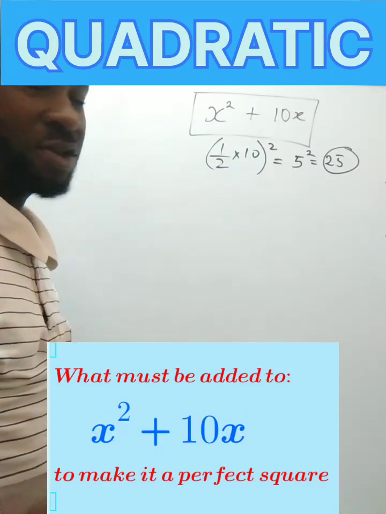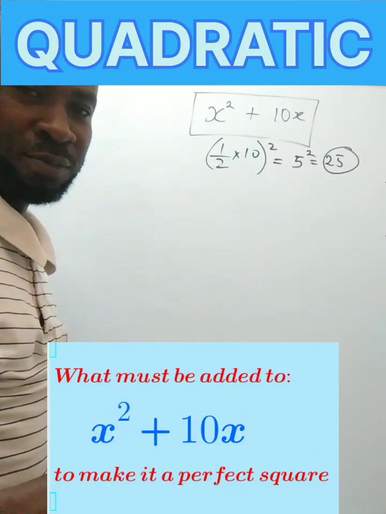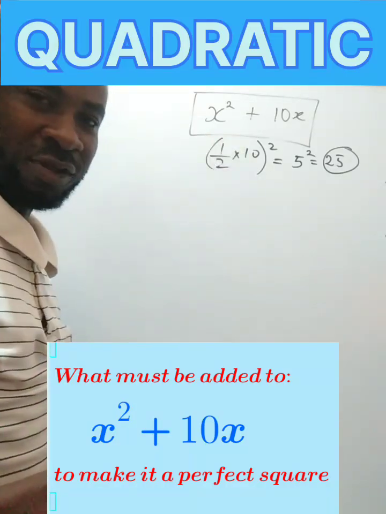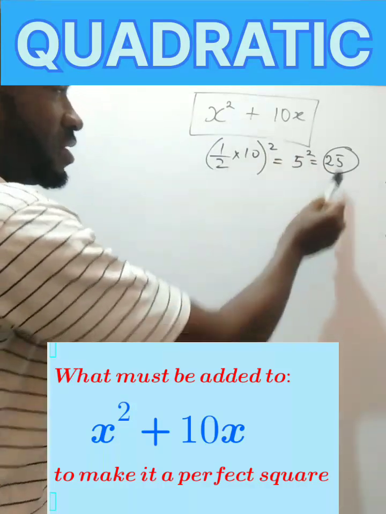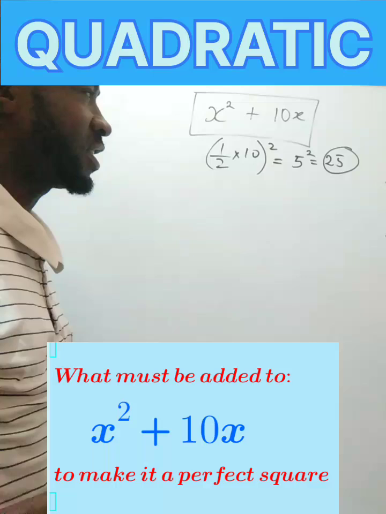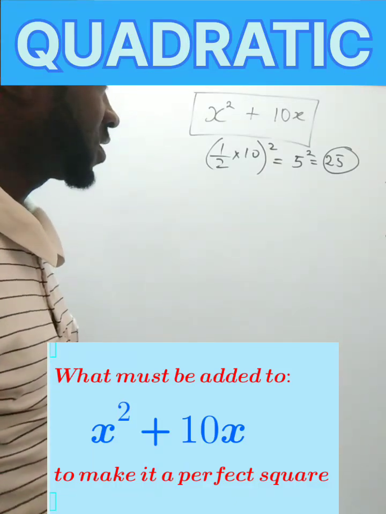So the best approach is to show them the concept behind arriving at this half times the coefficient of x and then all squared. This is the proper way to solve this particular problem.